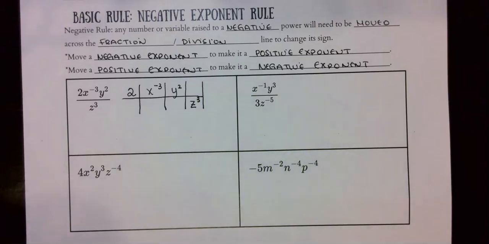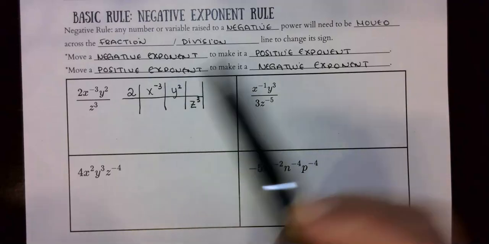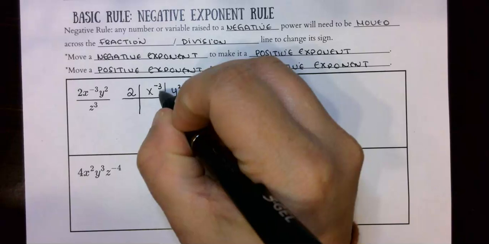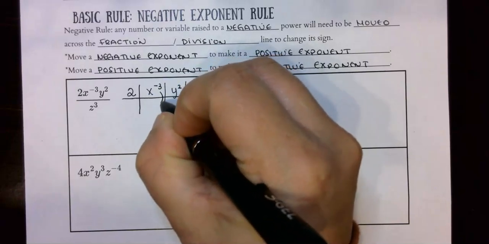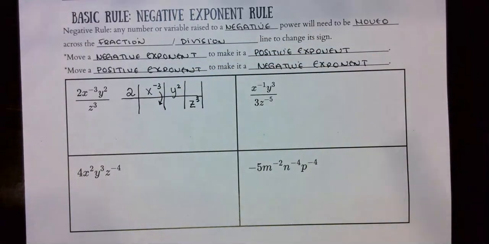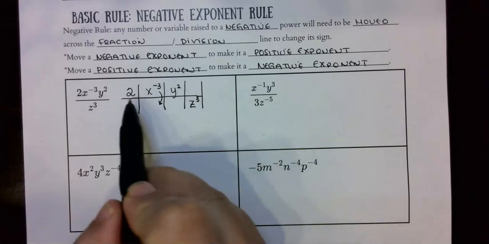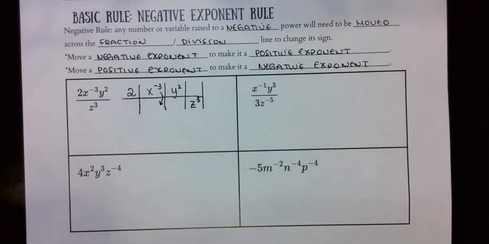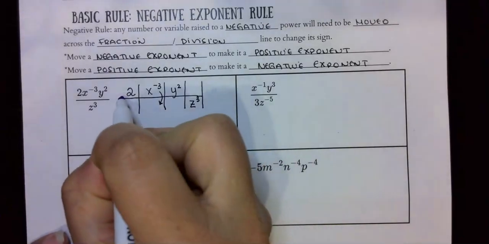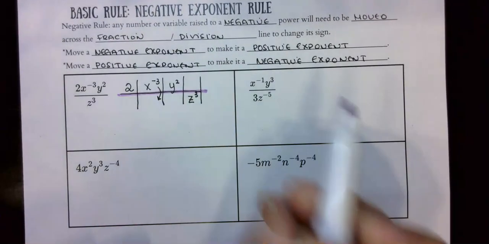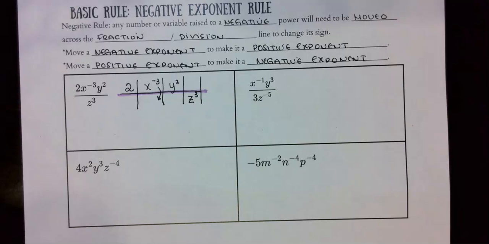So what I'm going to ask you to do, because there's not another x here to combine it with, I'm actually going to take the x to the negative 3, the whole thing, and I'm going to move it down. Because by moving it down, I'm crossing this division line, or this fraction line, whatever you want to call it. And when I cross this line, the sign on the exponent, I'm going to say that again, the sign on the exponent is the only thing that's going to change.